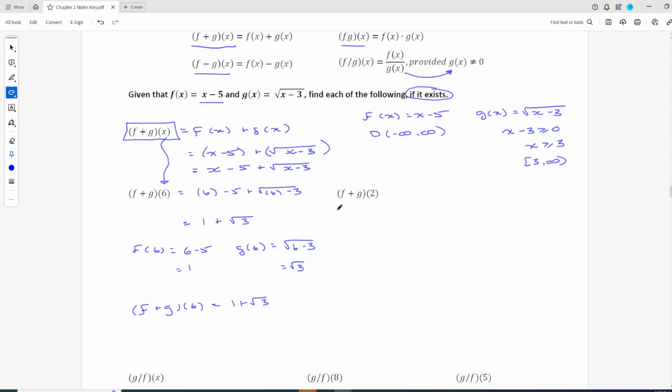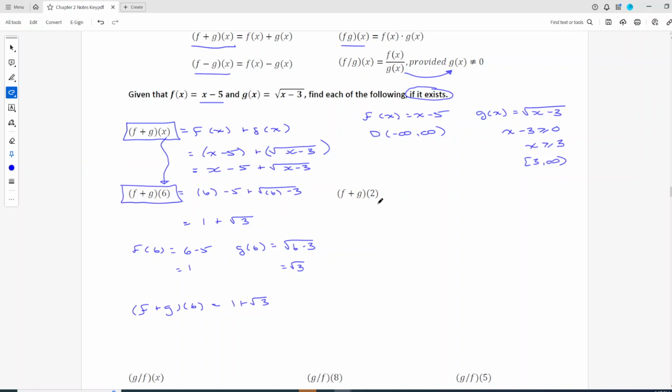So all they're showing you here is that we can have a combined function, and then they could ask you to do something like put 6 in. So for example, I could plug 6 into this new combined function if I found it, or if I hadn't found this new combined function and they had just asked me to do f plus g at 6, you could find f at 6, g at 6, and add the two together. And regardless, you get the same answer.